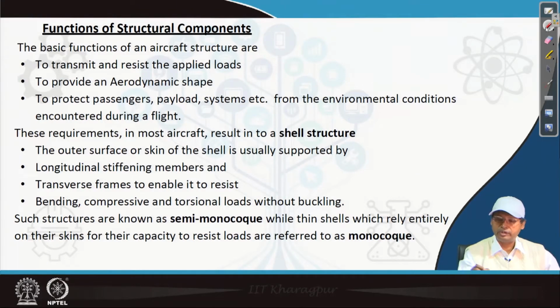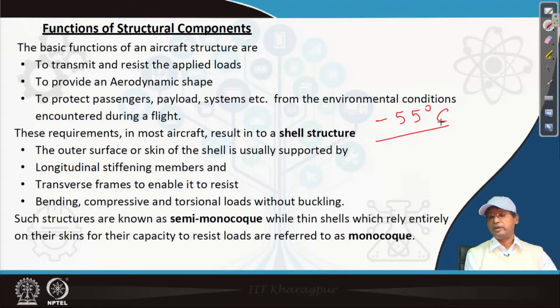Minus 55 degree centigrade of temperature is really a very cool environment. So, we need to think about those while we design structure. We need to think about all other avionics and other components while we design those things.